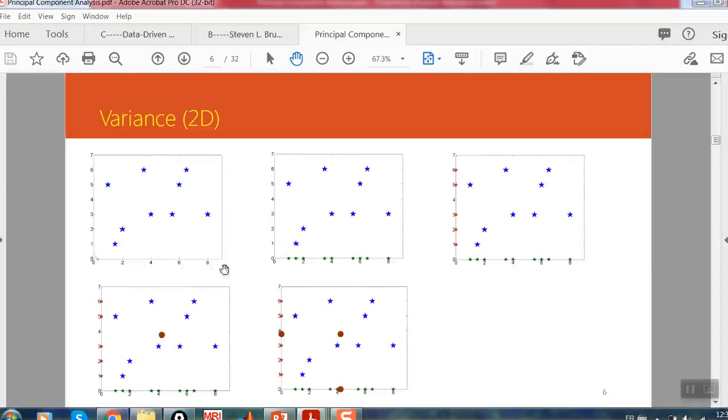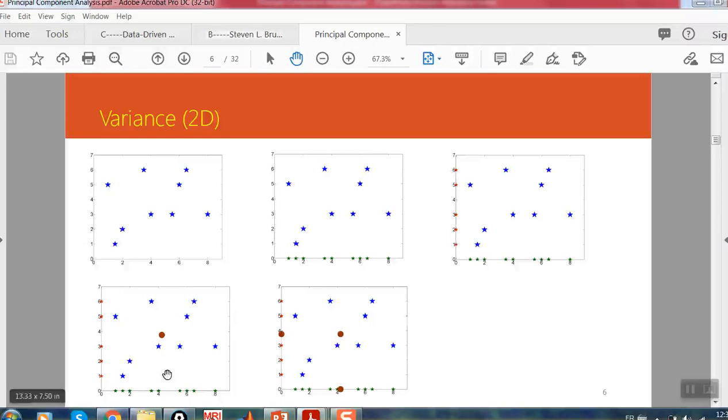Then if we have these stars, we project them on the x direction, shown in green stars, and also we project the stars along the y direction. You can see them here with red stars.